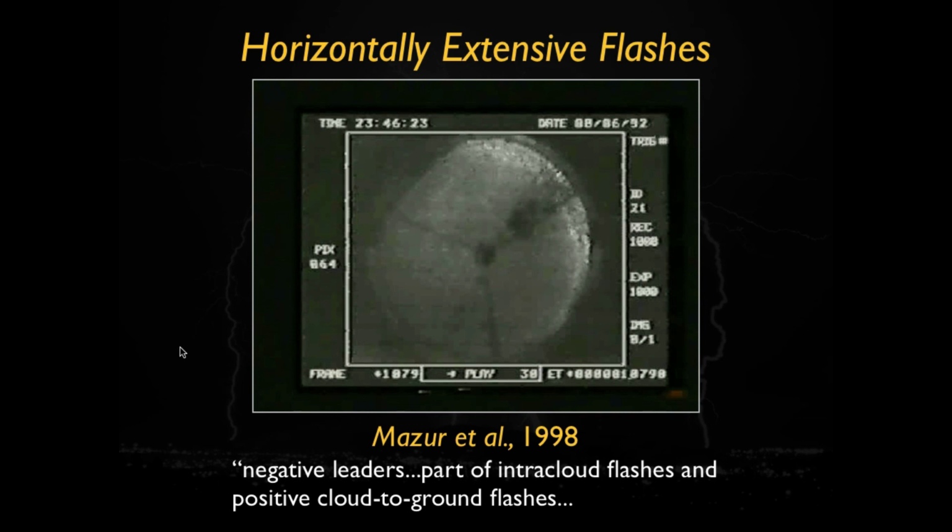And their findings based on their data was that these horizontally extensive leaders that were visible were negative leaders, and they were part of intercloud flashes and positive cloud-to-ground flashes.